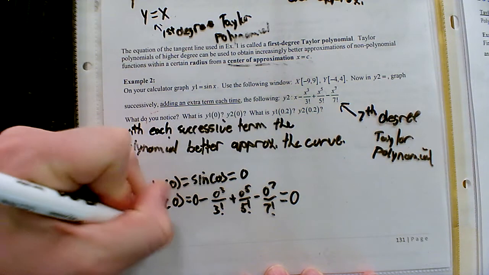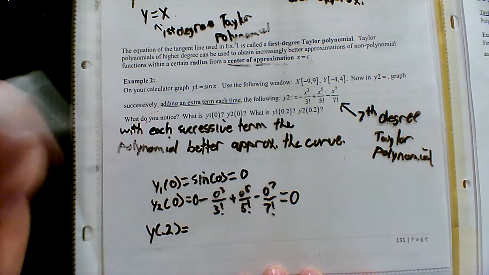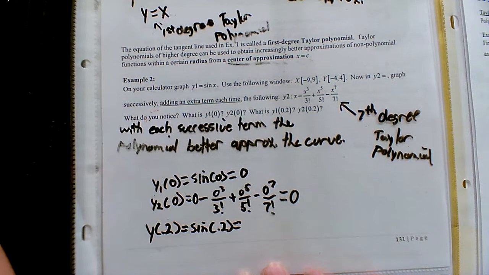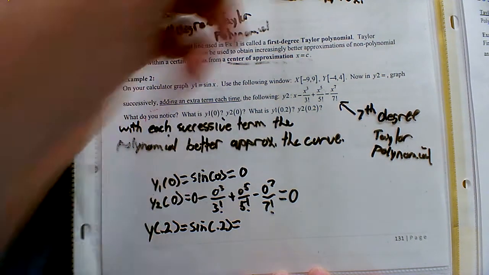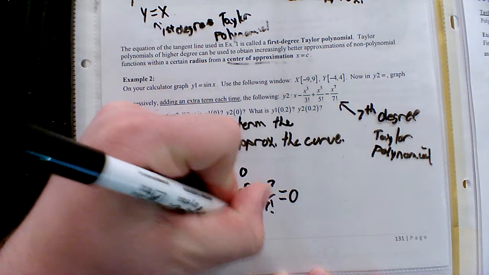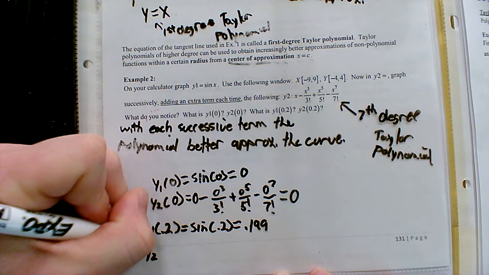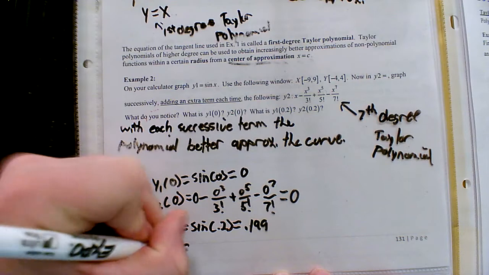So y1 of 0.2, well, y1 was sine, so sine of 0.2. And I think we actually have that from up above if you want to reuse the information. It was 0.199. y2 of 0.2.